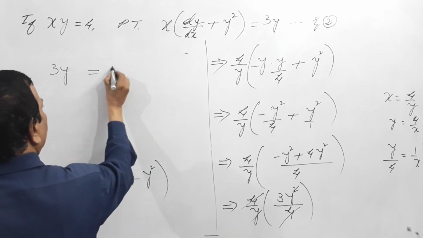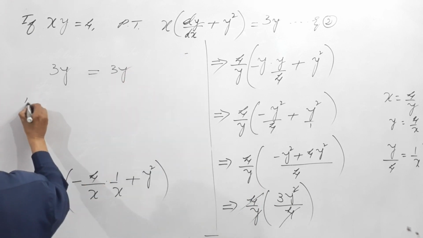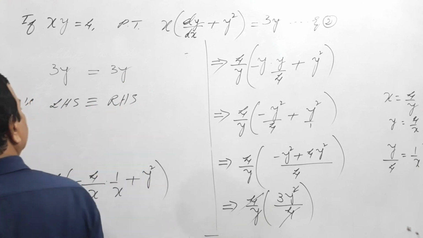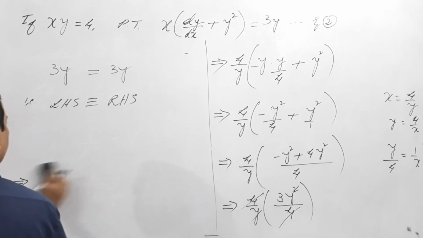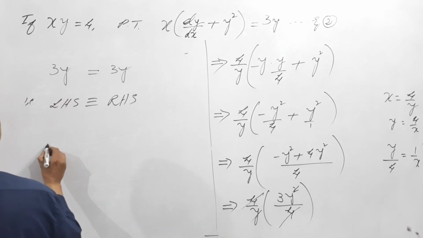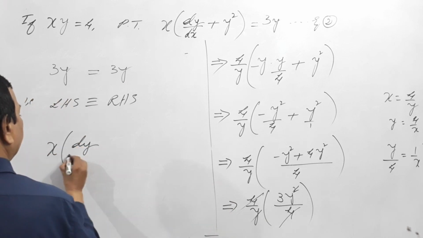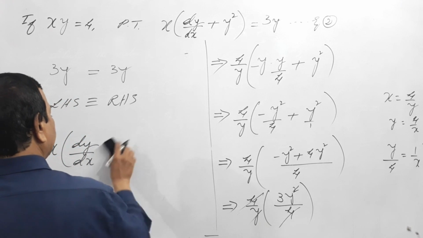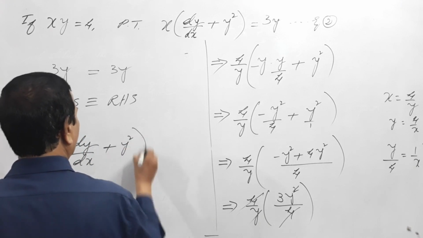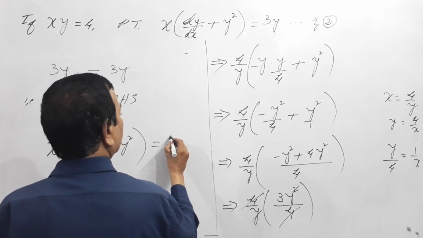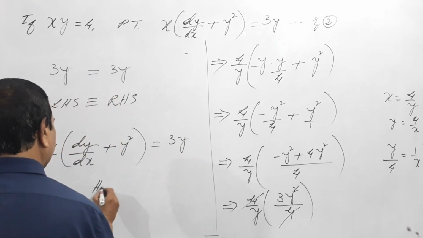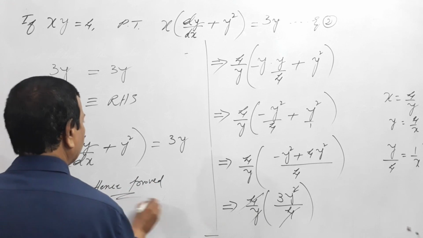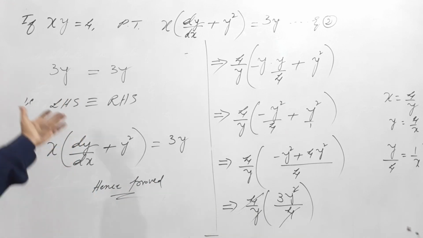And right hand side we have 3y, that is LHS equals RHS, which means x into dy by dx is equal to plus y square equals 3y, hence proved. This is the answer. See, such a simple problem, you can do it.